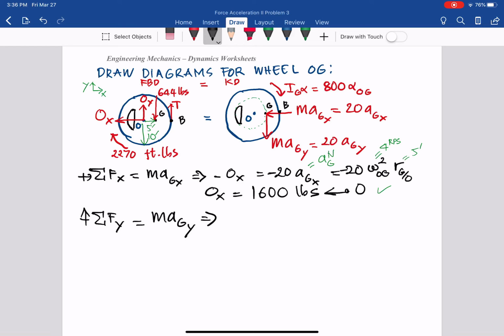So you have OY plus T minus the weight, 644, minus 644, equal to M AGY. Going down, so you can see it will be negative, because we assume positive goes up.